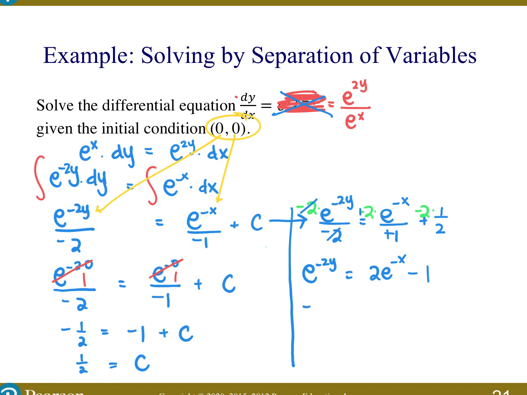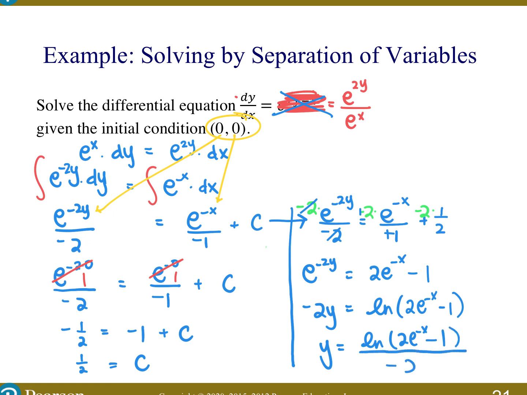So that would get rid of the e, but it would put a natural log around the quantity 2 e to the -x minus 1. And then I divide everything by -2. So the natural log of 2 e to the -x minus 1, the whole thing over -2. So now I have y alone, and I'm done.